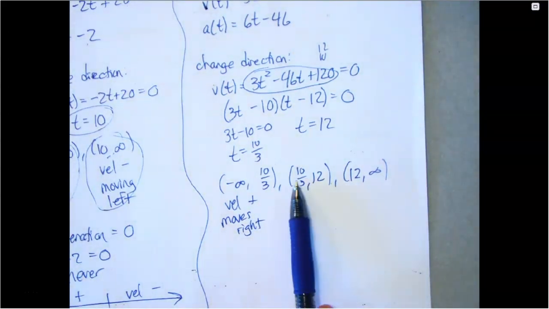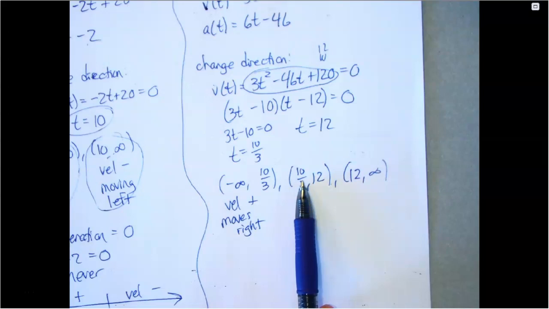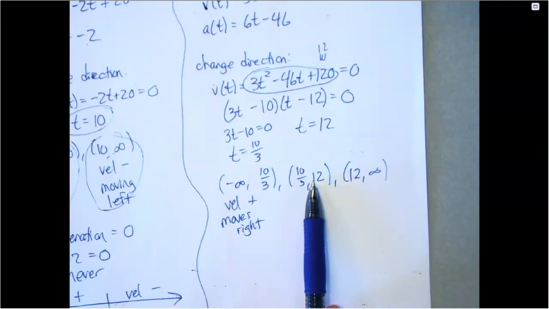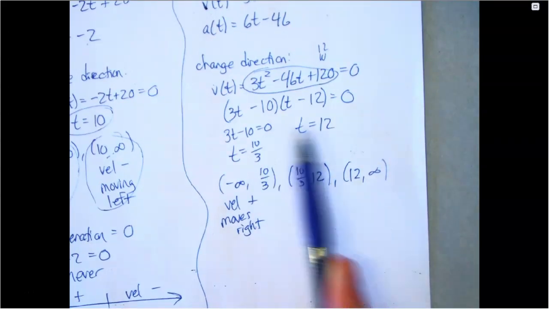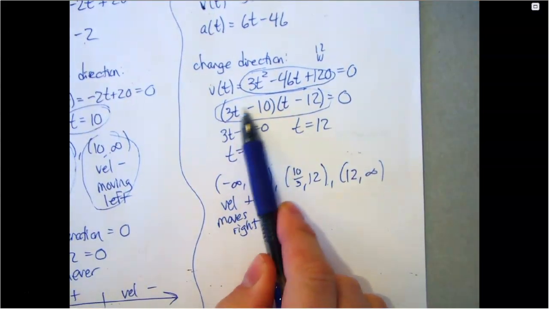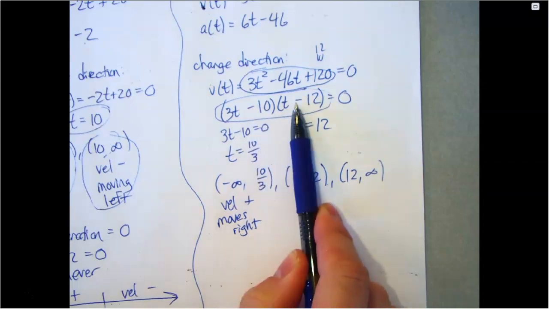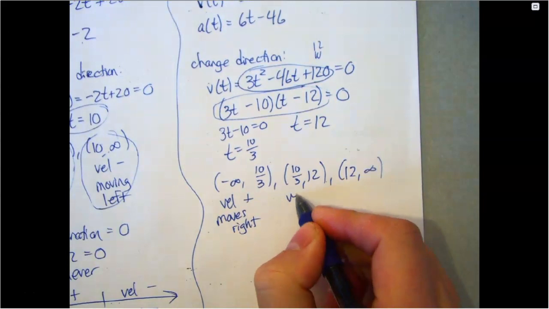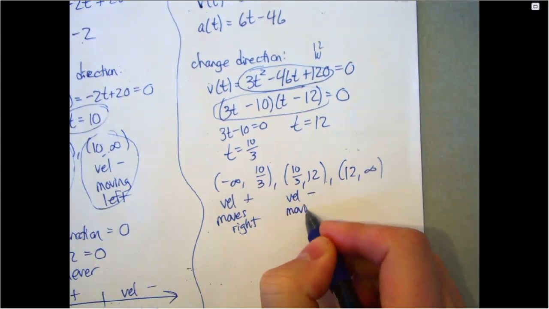10 thirds is 3 and a third, so I need to pick a number between 3 and a third and 12. Let's say 10. If I plug 10 into this parenthesis, I get positive, and if I plug 10 in here, I get negative. So the velocity is negative, which means moving left.